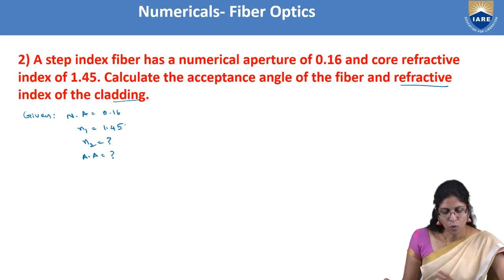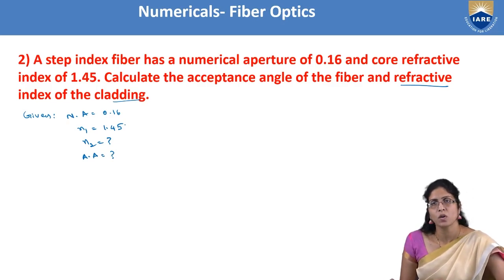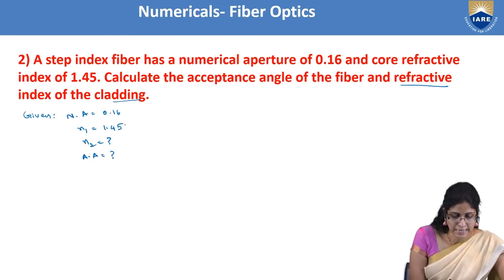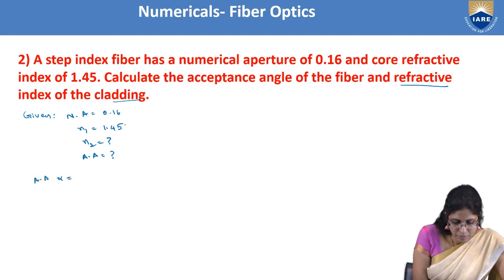We know that numerical aperture is always the sine of the acceptance angle, but you want the acceptance angle. So the acceptance angle alpha will always be the sine inverse of the numerical aperture. So sine inverse of 0.16.